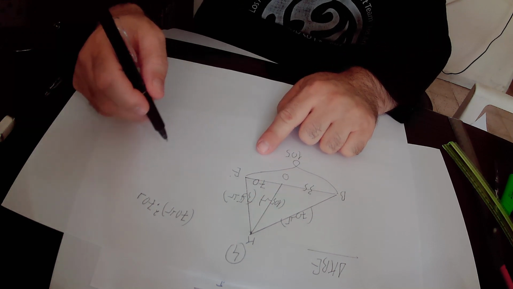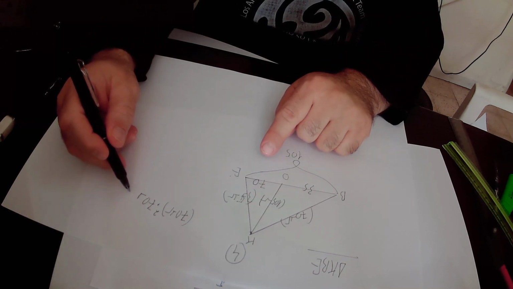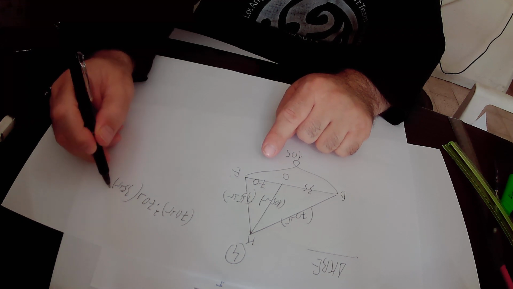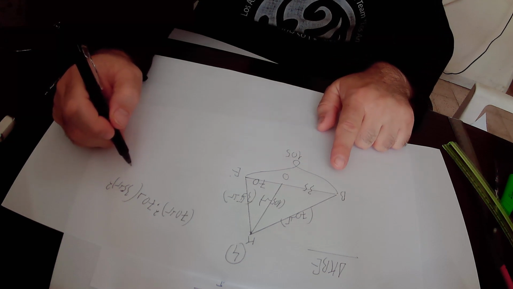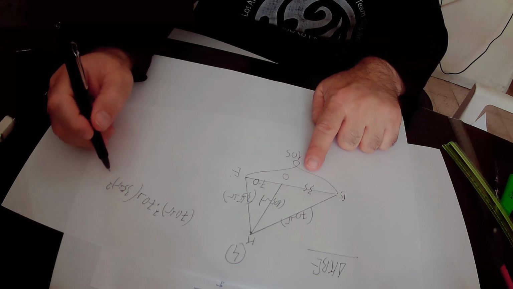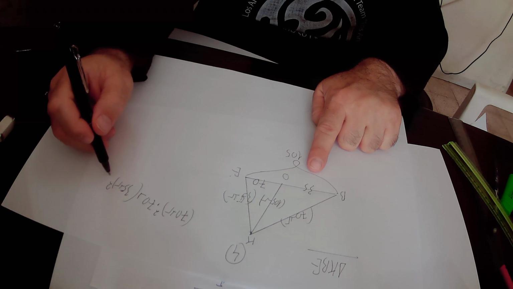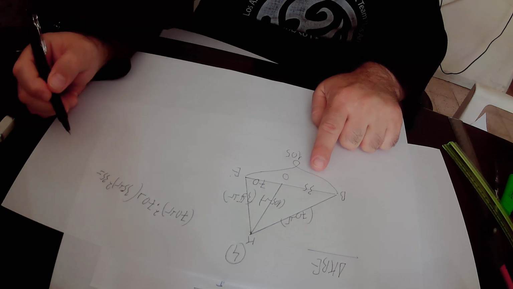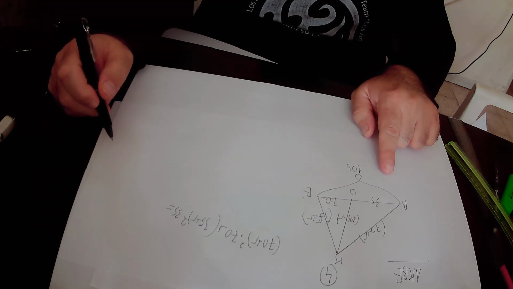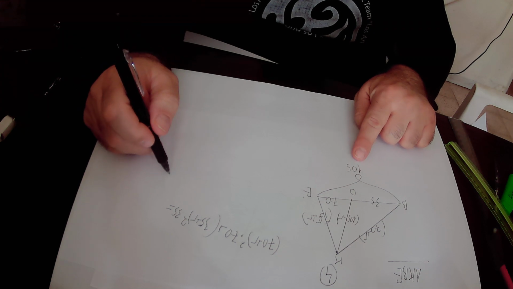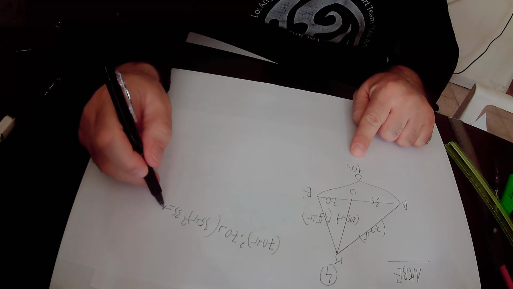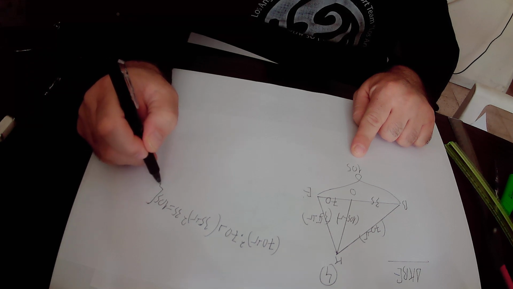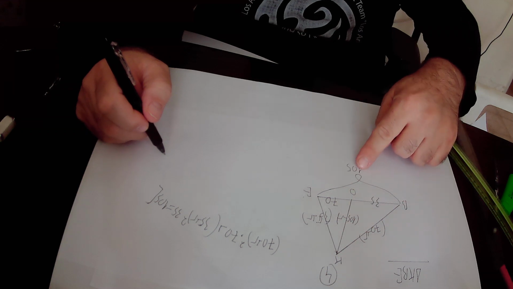KE is 35 plus R, therefore KE square is 35 plus R square, times BO is 35, is equal to BE is 105, and inside the brackets we have KO square.